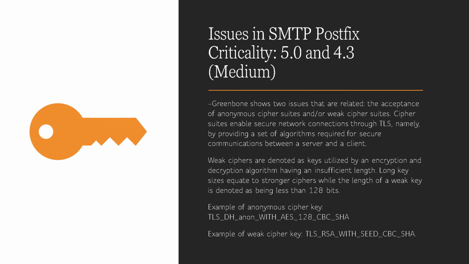Weak ciphers are denoted by having keys of insufficient length, in which case the length has to be less than 128 bits in order to be considered a weak cipher. As you can see at the bottom, we also have a couple of examples for both anonymous cipher keys and weak cipher keys.